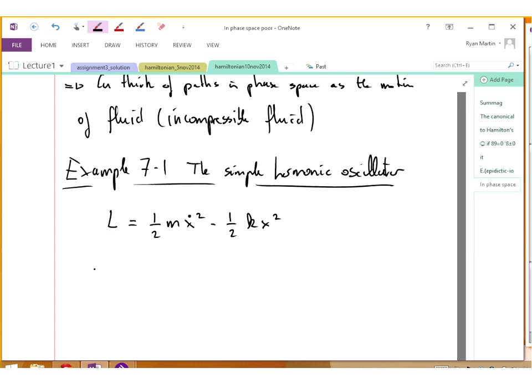So step one is to calculate the Hamiltonian. H is given by the sum over i from 1 to n of P_i Q_i dot minus L. In this case, n equals 1, Q1 equals x, P1 equals Px.